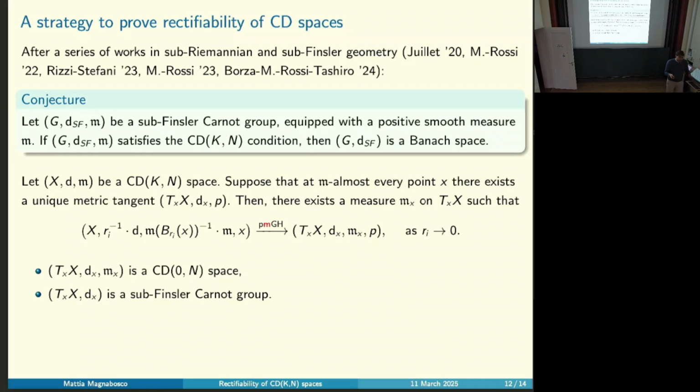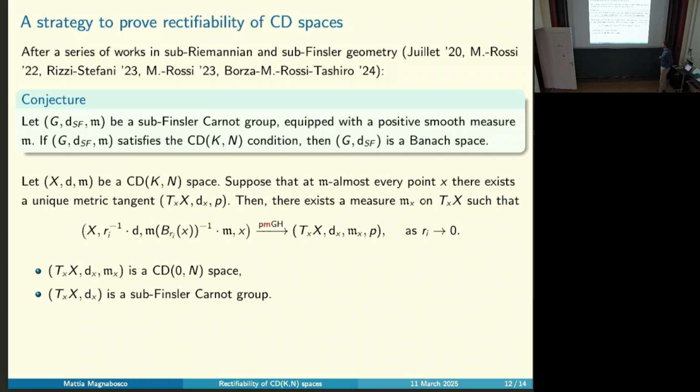This is a non-trivial result, but if you want, it is a consequence of Gromov's precompactness theorem. But I'm being sketchy in this slide. This is just to give a rough idea of the strategy. Once again, this is the pointed Gromov-Hausdorff convergence, in which you also have weak convergence of the measure.